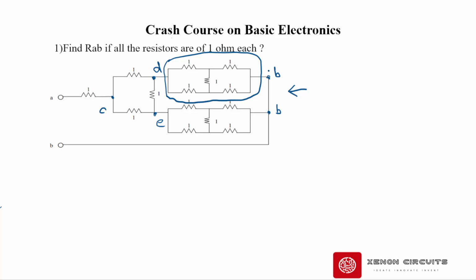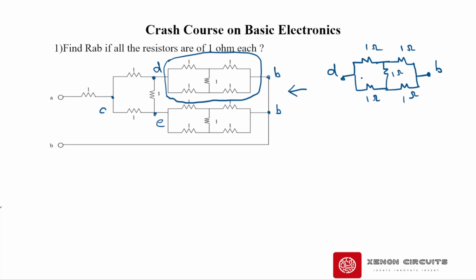Okay. Let's take the network between the nodes D and B. So D and B is nothing but a Wheatstone bridge, right? So D is here and B is here. This is 1 ohm, 1 ohm, 1 ohm and 1 ohm.